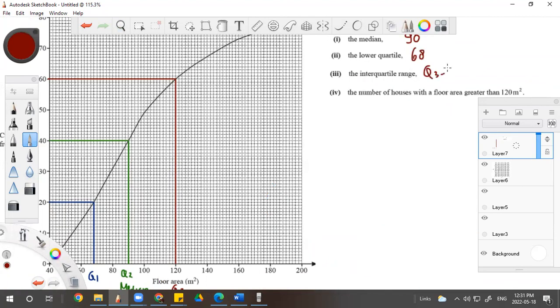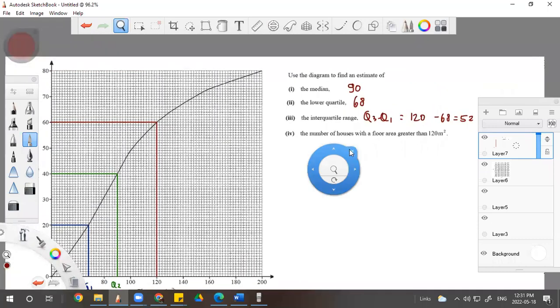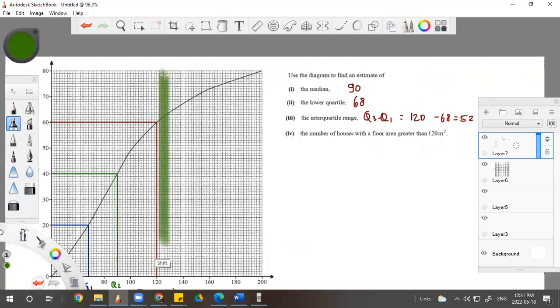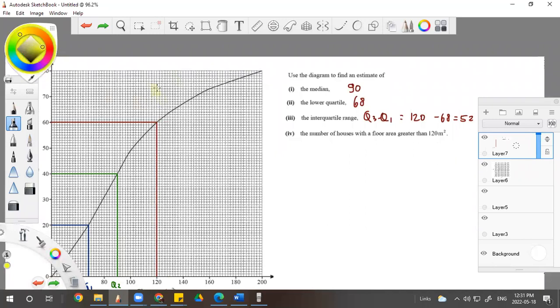Interquartile range is Q3 minus Q1. So minus 68. Calculate Q3 again, exactly 120, the number is nice. So 54, 52. And the number of houses with floor area greater than 120 meter square. So it is here, right? It's too dark. Make it lighter.